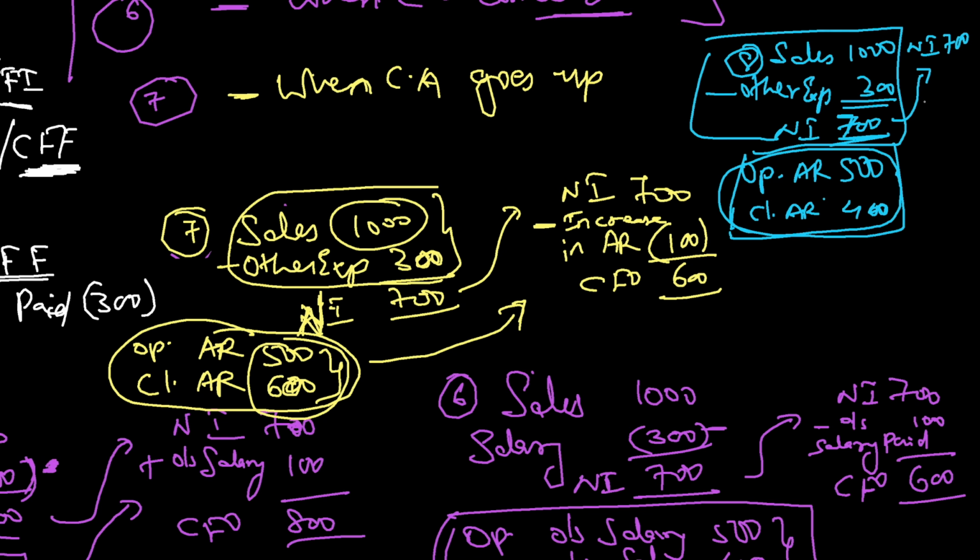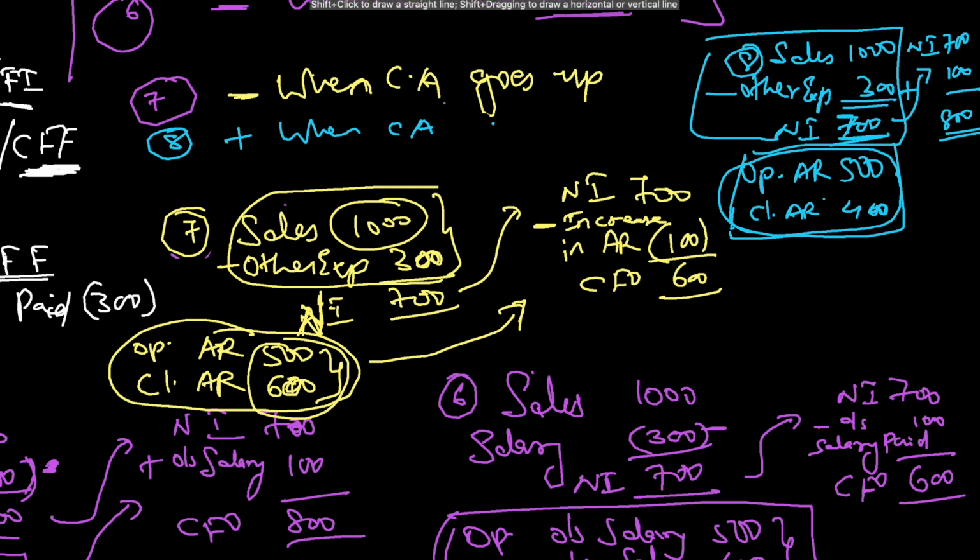So I will add back that 100. Here it will come to a total of 800. Now how I will write in the format is, add when current asset comes down. So when current asset comes down, you should add back.